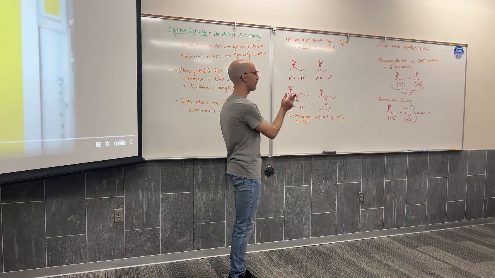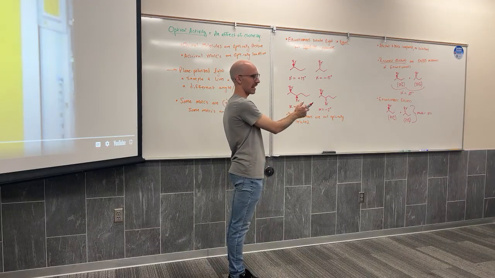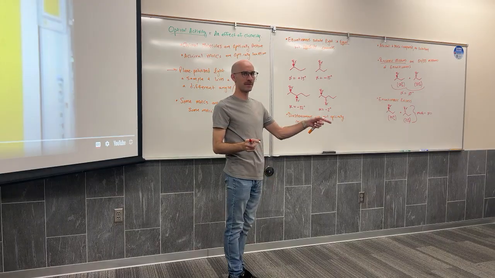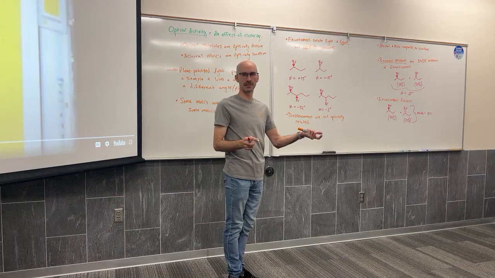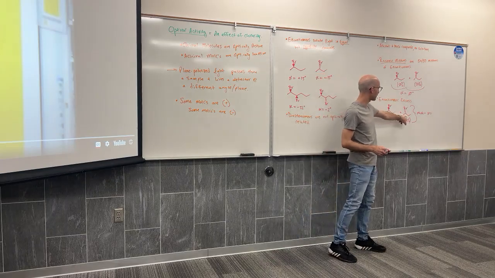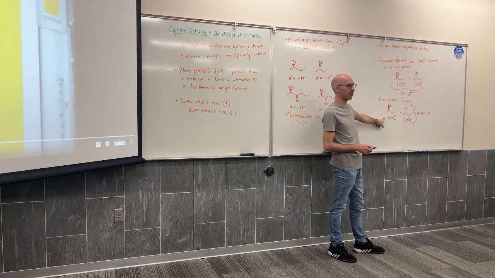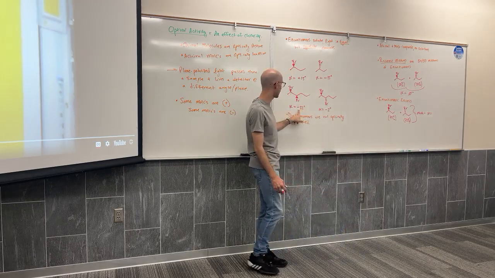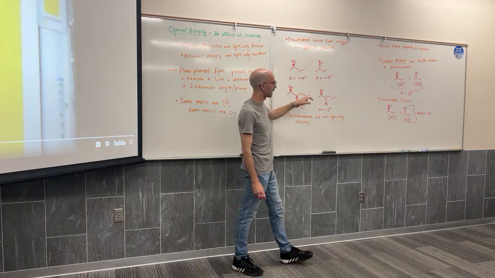So basically, 50% of your sample is R, and the other 50% is a racemic mixture. The 25% of S cancels out 25% of the R, and the 50% of your sample that is excess R rotates light in that direction.